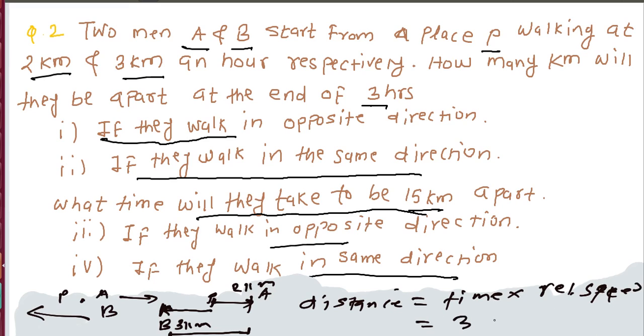So time is 3 into relative speed 5, because they are walking in the opposite direction. So the speeds will get added. So that's why relative speed is 5. So they will be 15 kilometers apart, right, in 3 hours. The reason is in 1 hour they will be 5 kilometers apart. So in 3 hours they will be 15 kilometers apart. So let's see the second sub question.